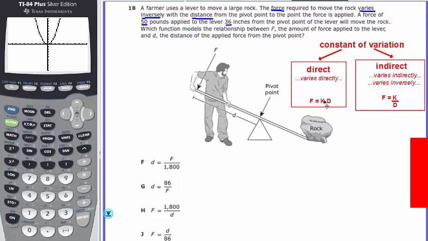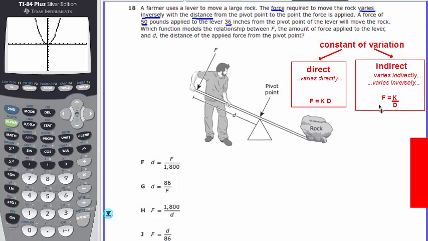Okay, so basically if it says varies directly, you're going to have both letters on top with one side having a K, a constant of variation. If it says inversely, then you're going to have one letter on top, and on the other side the other letter is going to be on the bottom with the constant of variation on top.